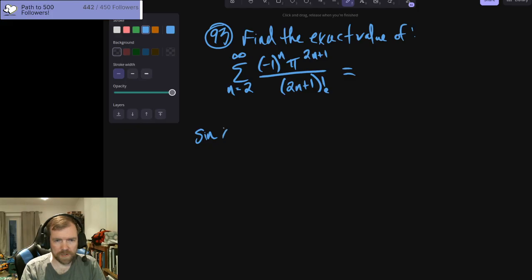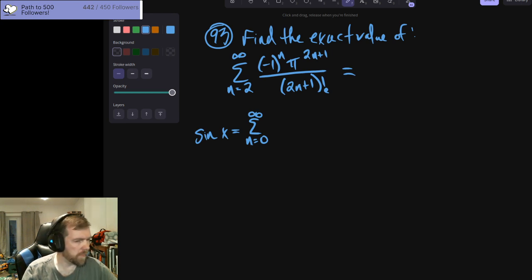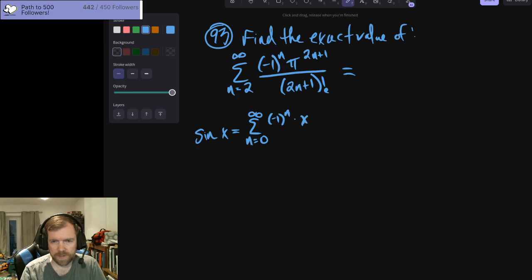Okay. The sine of x is equivalent to the sum as n goes from 0 to infinity of (-1)^n times x^(2n+1) over (2n+1) factorial.